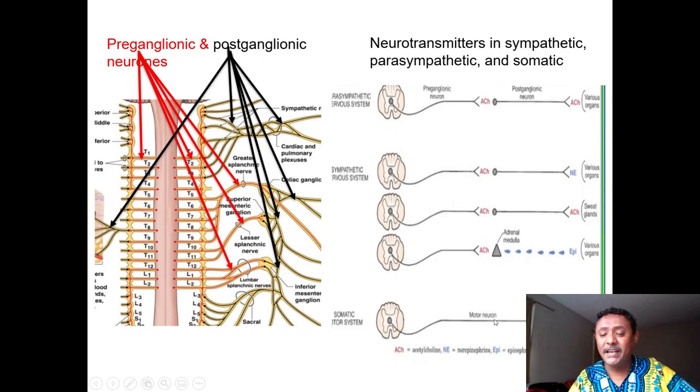In the somatic, I have one neuron, because in the autonomic I have two neurons, preganglionic and postganglionic. But in the somatic, going from the anterior horn or ventral horn to the skeletal muscle, I use only one motor neuron. I'm going to use acetylcholine in that consistently.